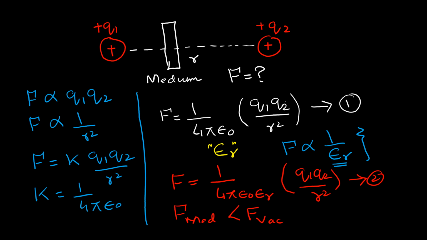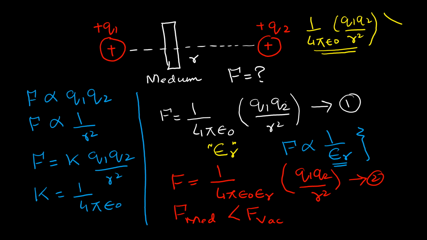In general, F is equal to 1 over 4 pi epsilon naught into Q1 Q2 divided by R square is the force exerted by point charges when they are placed in a vacuum, or when there is no medium.